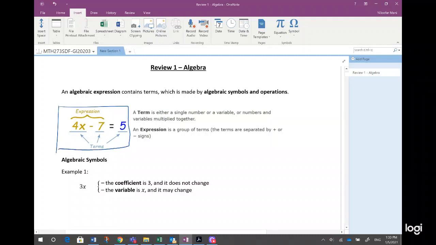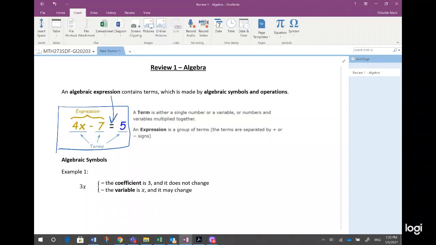This is an equation because you see the equal sign. The equation has two algebraic expressions. The first one, which is the left one, is 4x minus 7, which contains two terms.